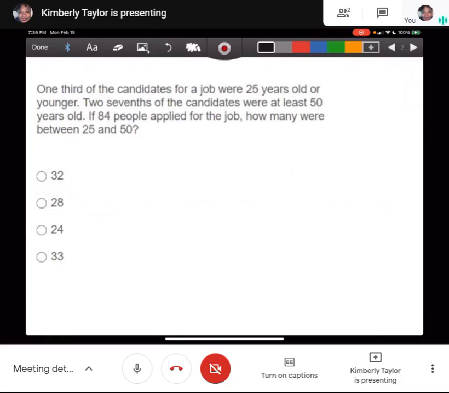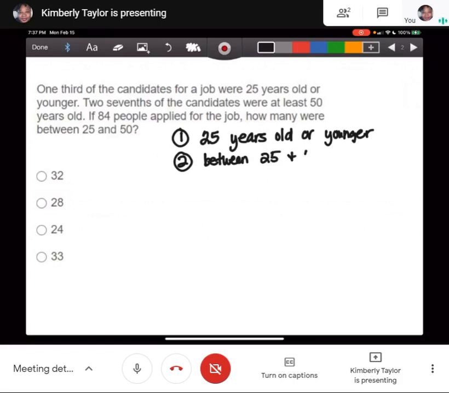So 1/3 of the candidates were 25 years old or younger. That's one group that we have. So we have 3 different groups. The first group is 25 years old or younger. The second group is going to be between 25 and 50.